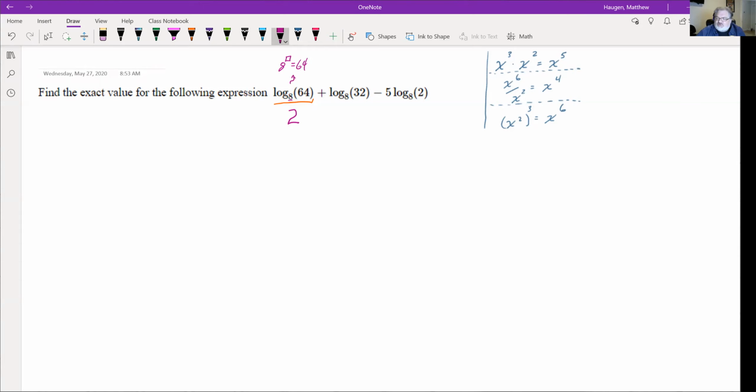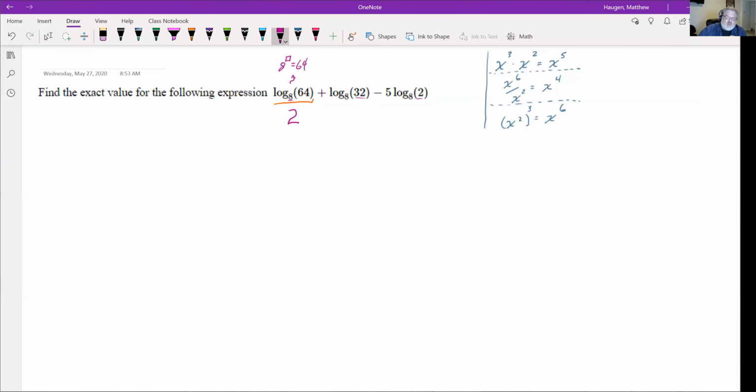Now, these other two are a little bit of trouble, actually, because 32 and 2, these aren't powers of 8. So 8 to what power is 32? We don't have a power of 8 that's 32. Or, 8 to what power is 2?